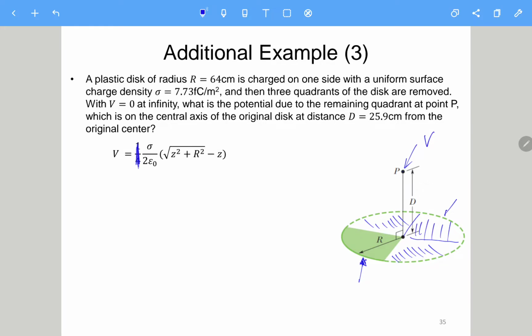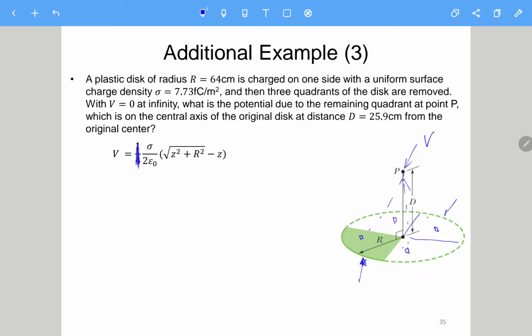If you consider this part, you can find the corresponding position with the same distance from here to there.